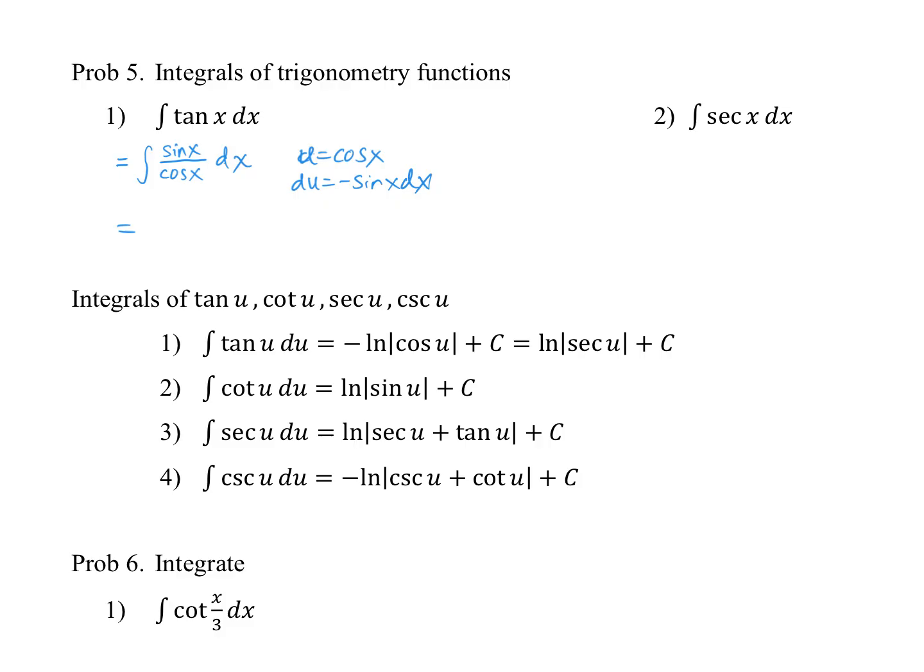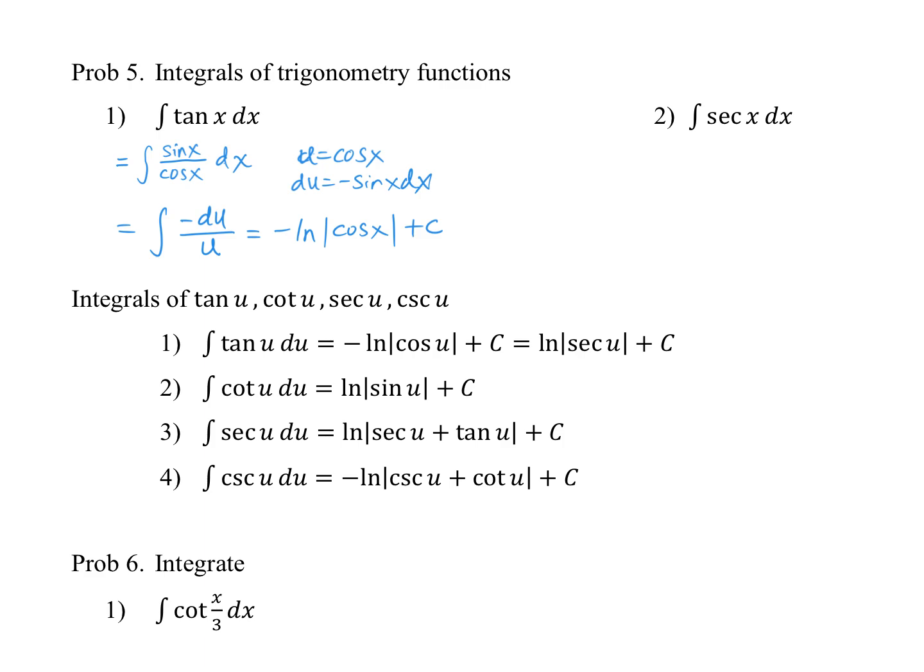So therefore, sine x dx will be equal to negative du. So negative du over the u in the denominator. And this is equal to negative ln absolute value of u. And what is my u? It is cosine x.